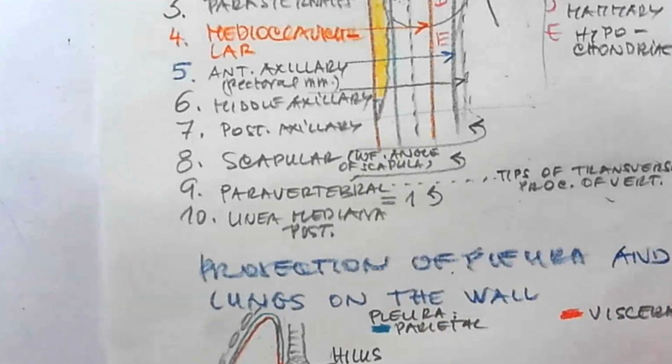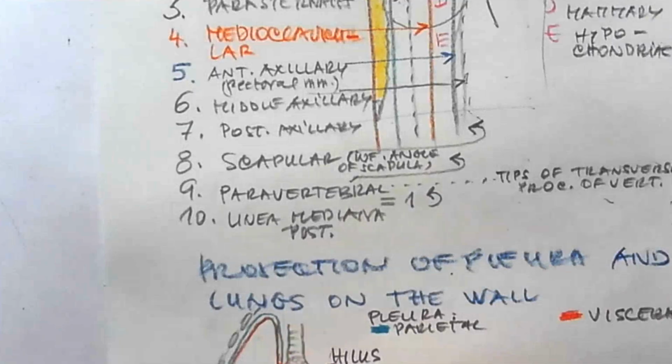This is the same as the surfaces of the lungs. If we see the space between, you see the pleurae, both of them follow each other in some parts, in the other ones not.